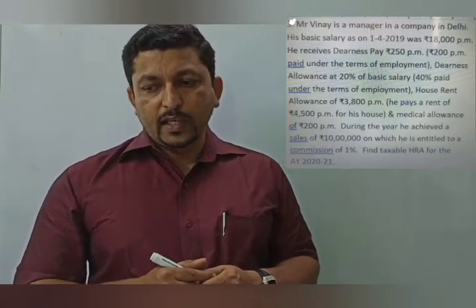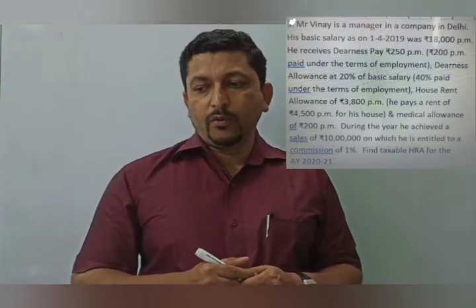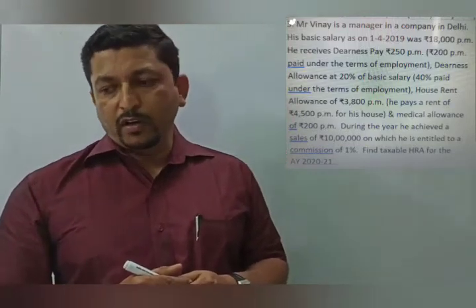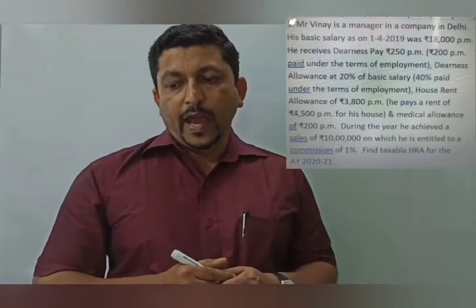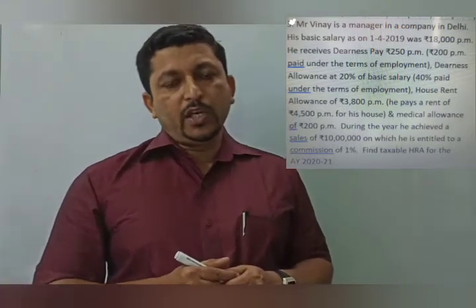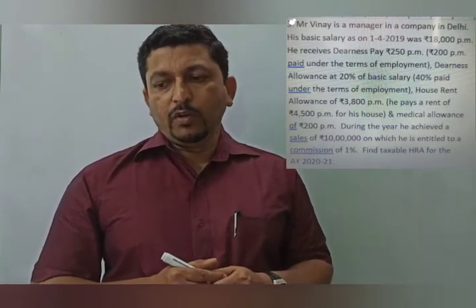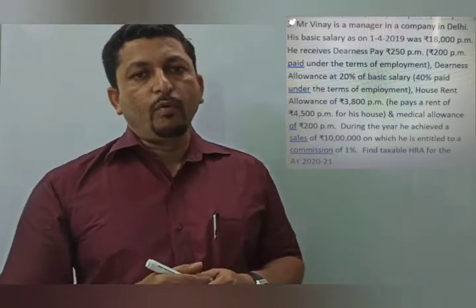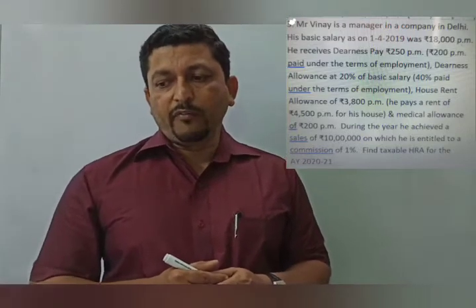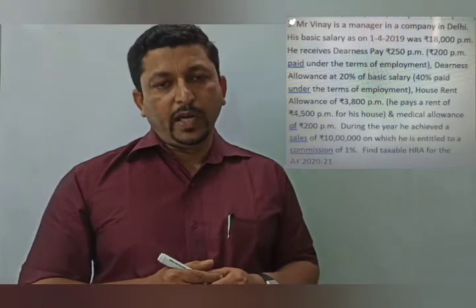House rent allowance is 3,800 per month. He pays a rent of rupees 4,500 for this house, and medical allowance of rupees 200 per month. During the year, he achieved a turnover of sales of rupees 10 lakh, on which he is entitled to a commission of 1%. So we need to find his taxable HRA for the assessment year 2021.